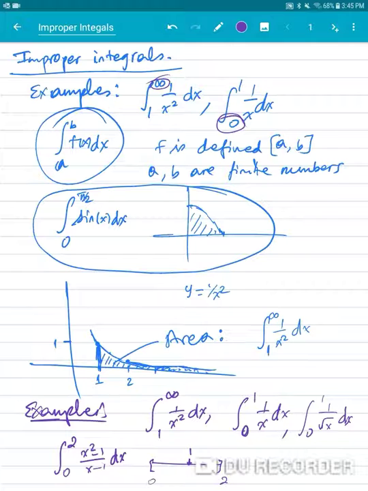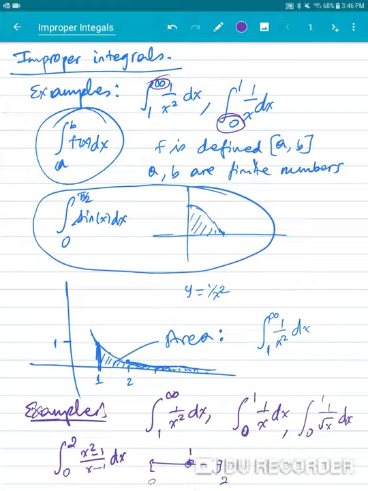So the function is undefined at 1, but we're trying to integrate it from 0 to 2. That's what makes this an improper integral. On the other hand, the integral from 2 to 10 of x squared minus 1 over x minus 1 dx is a nice, proper integral. Yes, it's undefined at 1, but there is no 1 in the interval from 2 to 10.